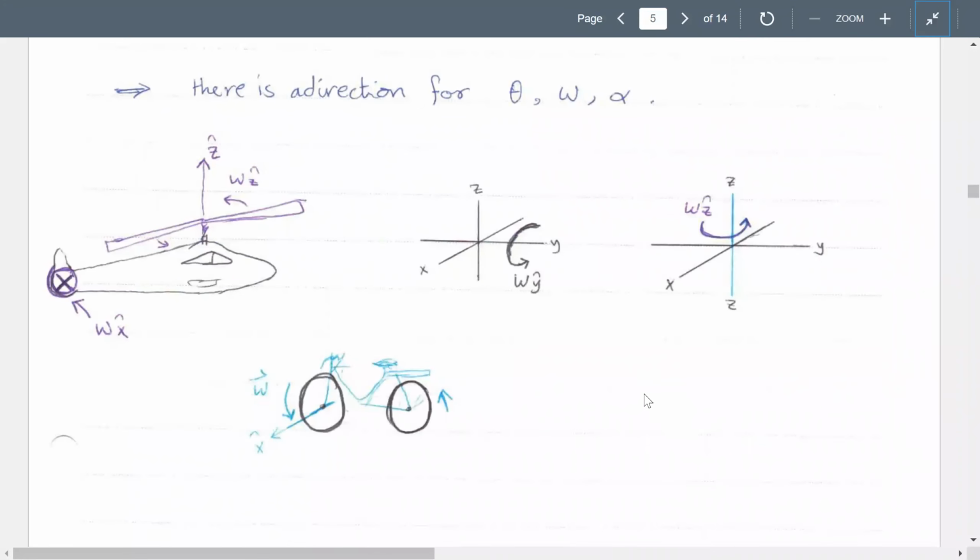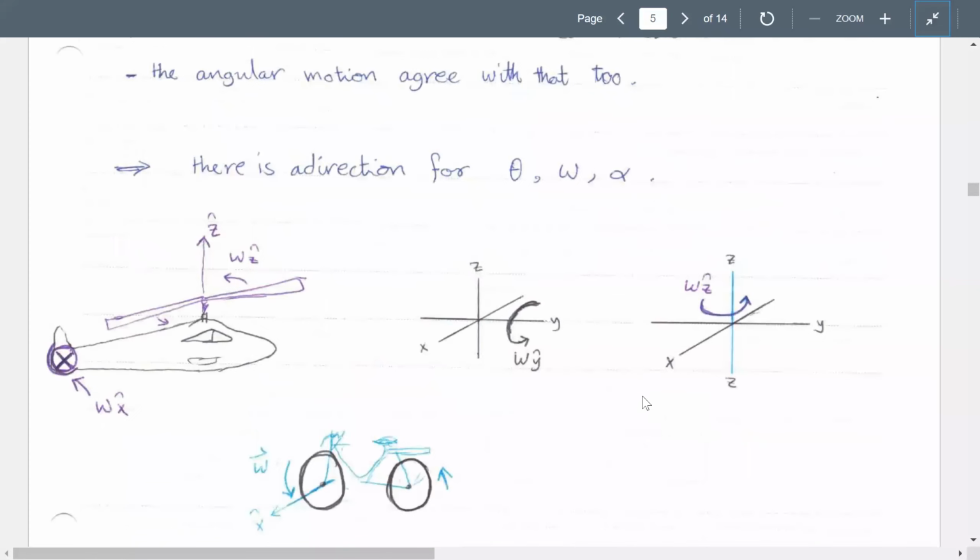And we have also acceleration. From before, you know that the change in position has a direction because we have a position vector, and the change in position direction is the same as the velocity direction.